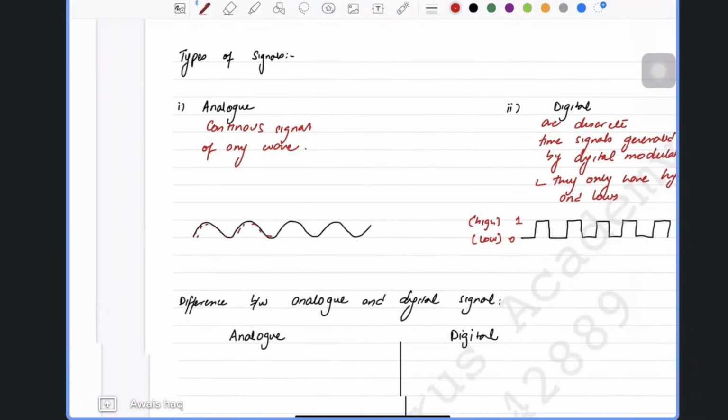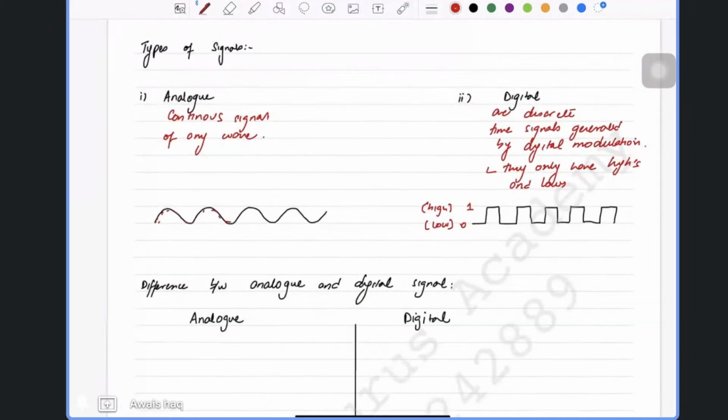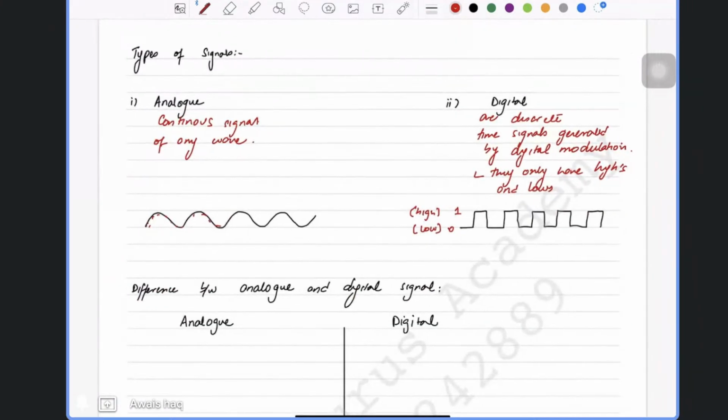Analog signal means you have various values all over the wave, not just ones or twos. That's what it means by continuous signal.